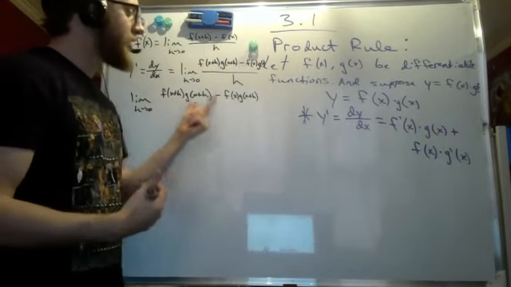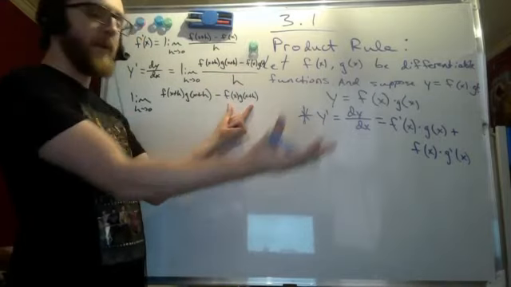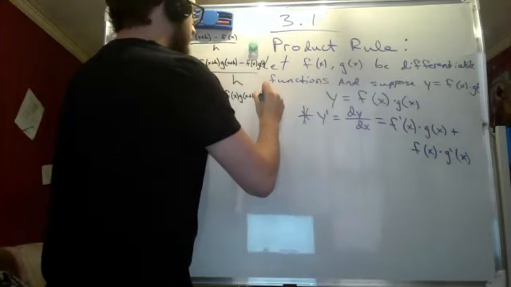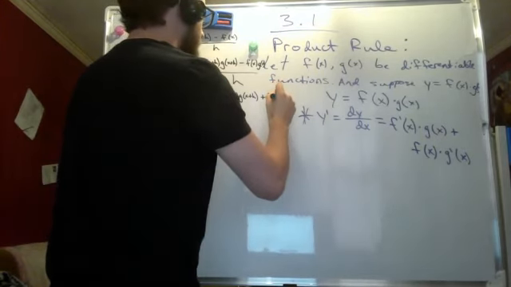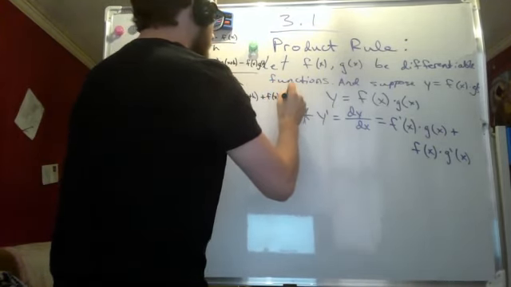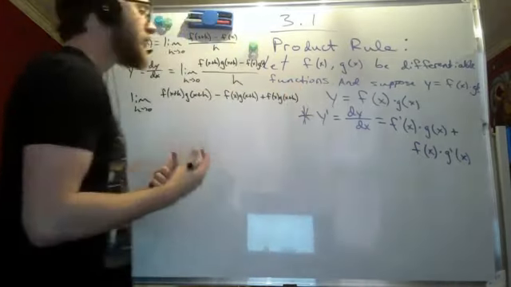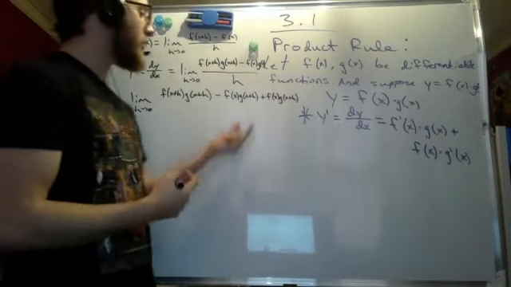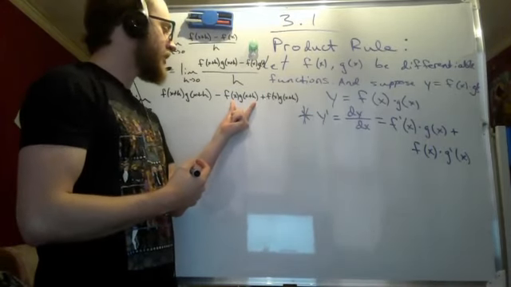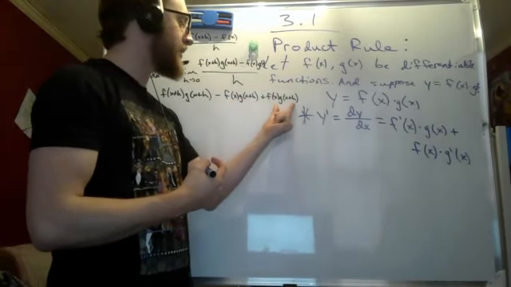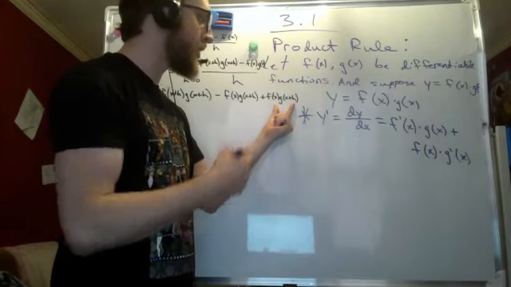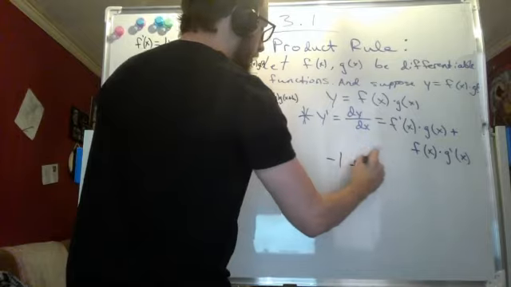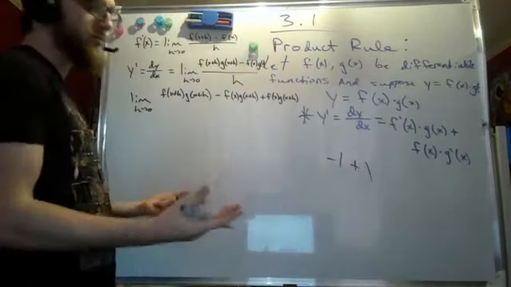But the catch is, if I choose to just magically subtract this, then I also have to add the same term back. Why? Well, that's because you can't just add and subtract willy-nilly. But what I'm really doing here, I'm subtracting f of x g of x plus h and then adding back the same f of x g of x plus h. In other words, this is the same thing as doing minus 1 plus 1. What's minus 1 plus 1?